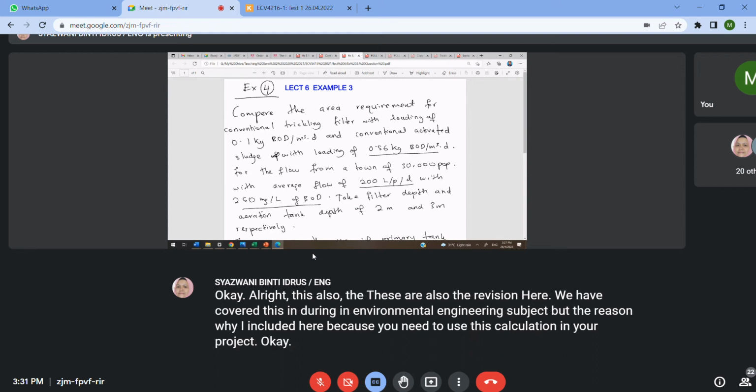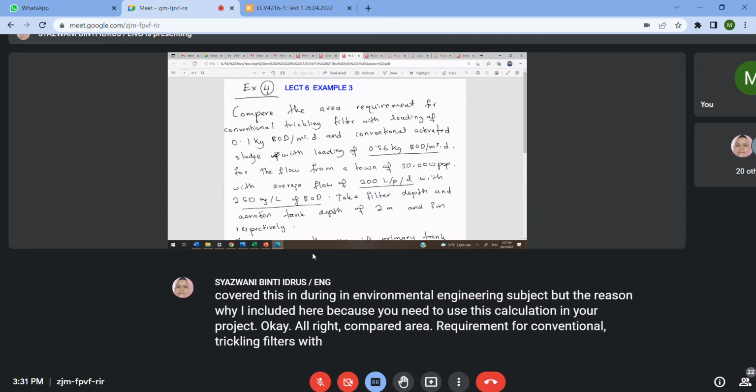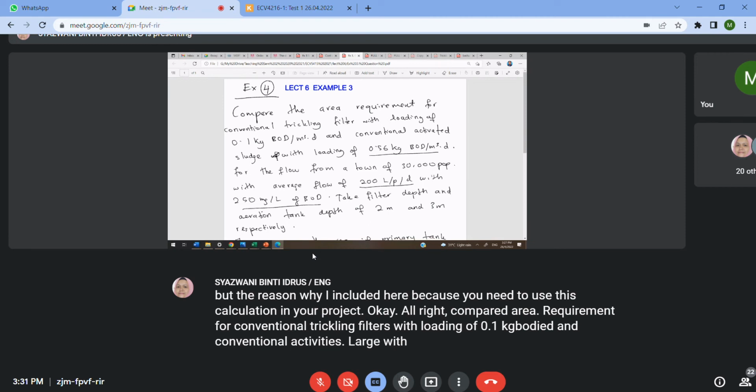Compare the area requirement for conventional trickling filters with a loading of 0.1 kg BOD per meter cube day and conventional activated sludge with a loading of 0.56 kg BOD per meter cube day.